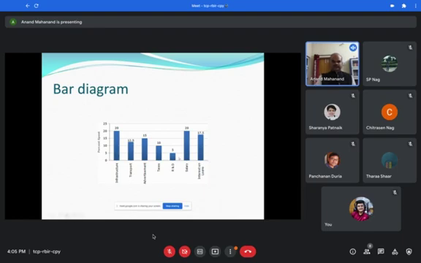So this is the horizontal axis. This is usually the y-axis. This is the x-axis. Okay.